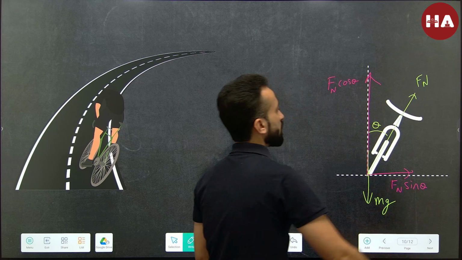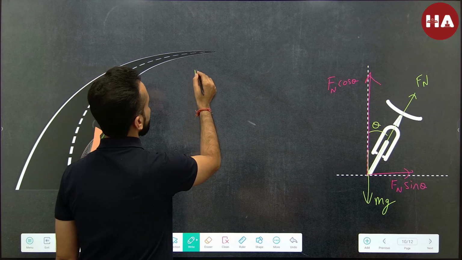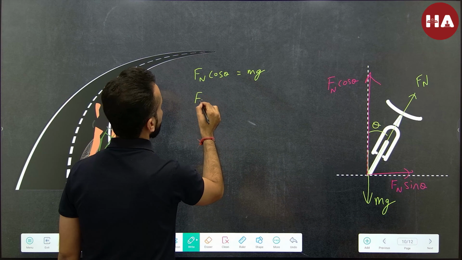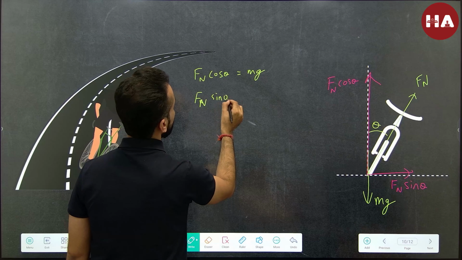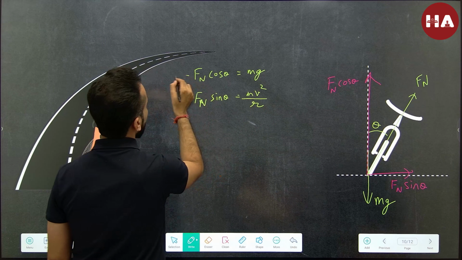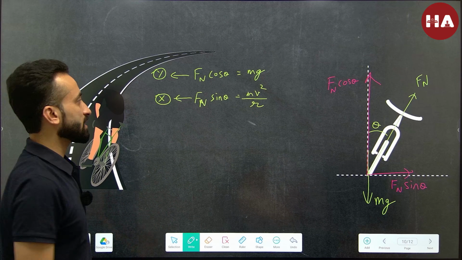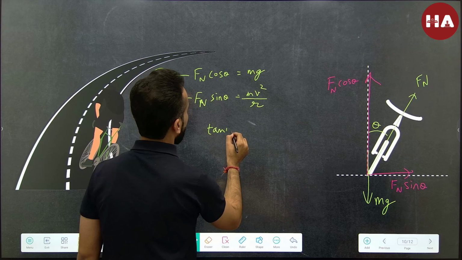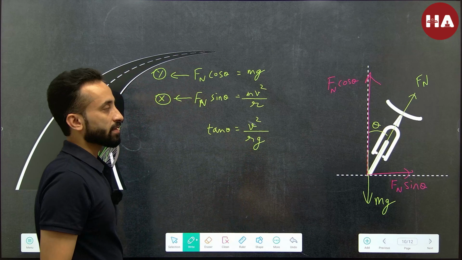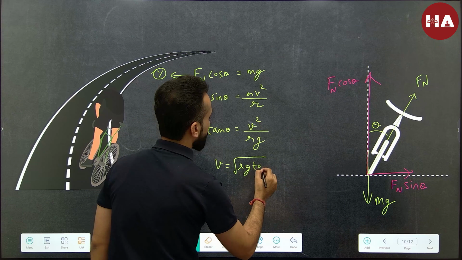So this is going to help you in providing the necessary centripetal force, which you may write very quickly that Fn cos theta is equal to mg, while Fn sin theta is going to provide the necessary centripetal force, that is going to be mv square by r. This is the equation in y direction, while this is the equation in the x direction. Solving the two, you get tan theta is equal to v square over rg, right? So v is equal to under root of rg tan theta.